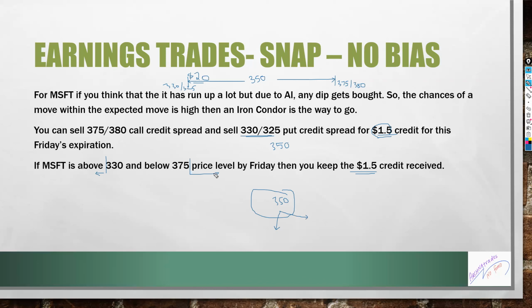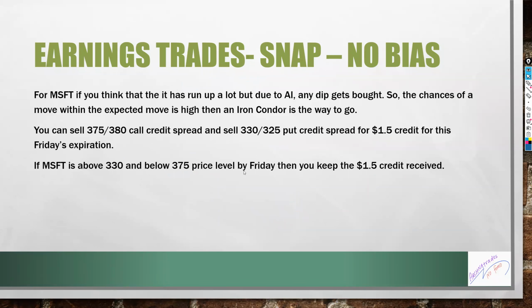But if it goes beyond 375, you have to play adjustment. You have to adjust your strikes to manage this short. If it goes below 330, you have to manage your short here. I just wanted to show an example of how iron condors can work.